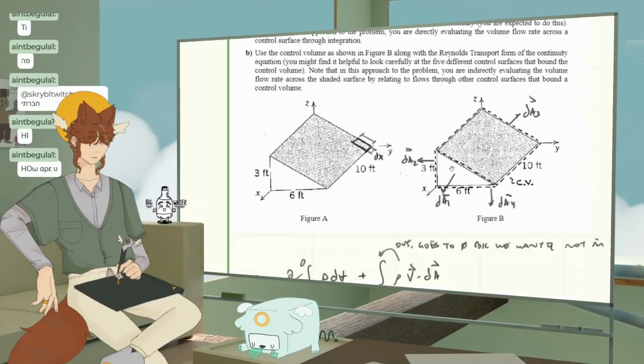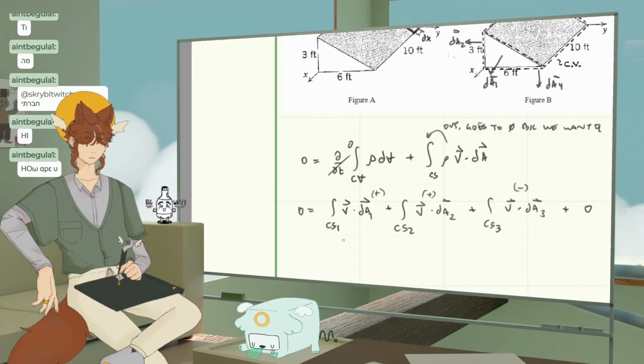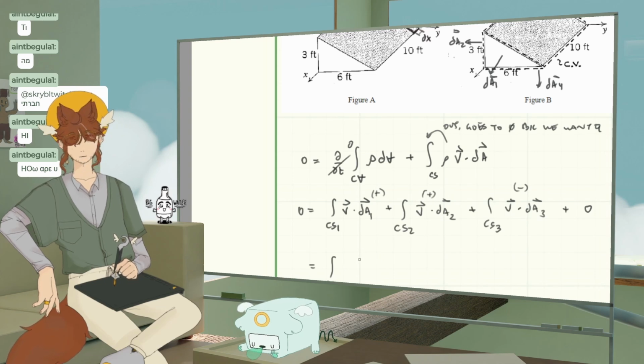It's going this way, so that's actually a positive dot product there. So I can say the amount of velocity going in this direction is AX.